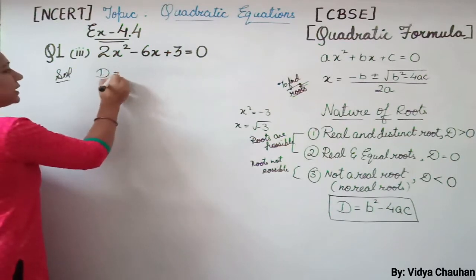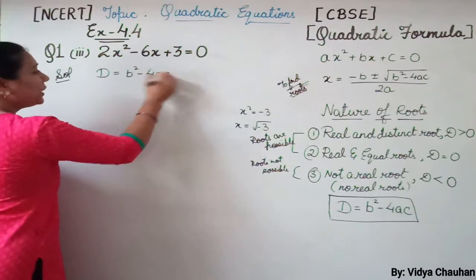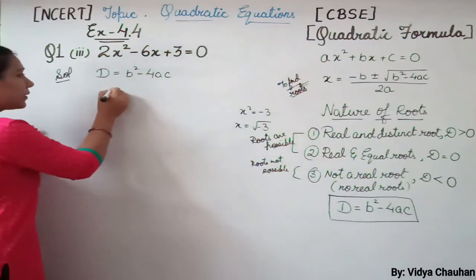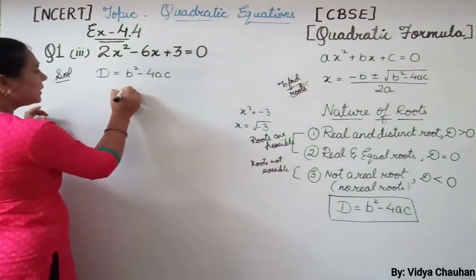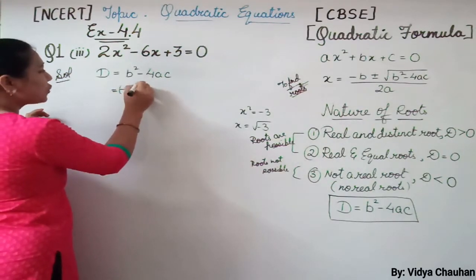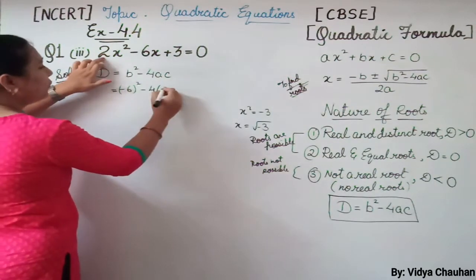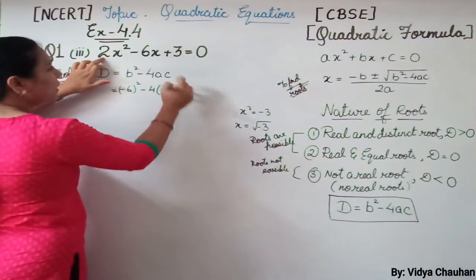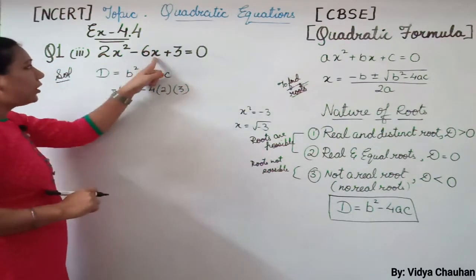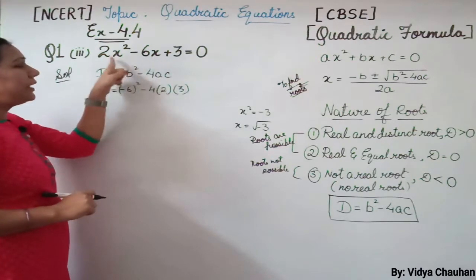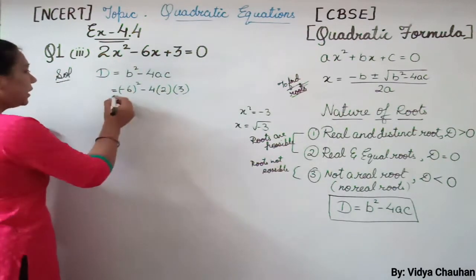D is equal to b square minus 4ac. Putting the value of b, what is b? Minus 6. So this is minus 6 square minus 4 into a. What is the value of a? It is 2. And what is the value of c? It's 3. You can see I have not taken the variables, we have just taken the coefficients of the terms.